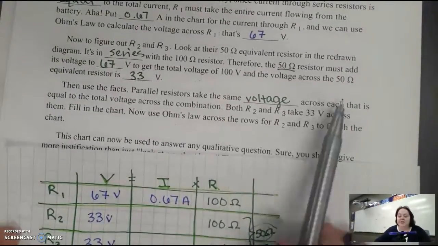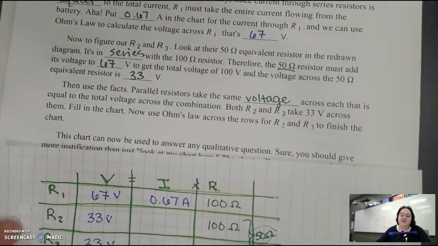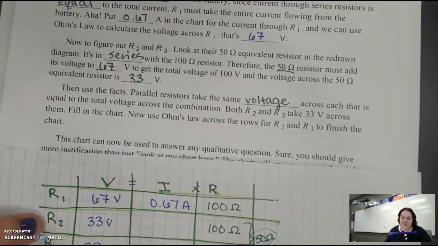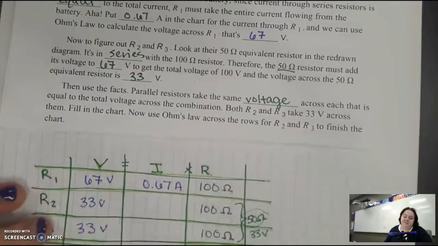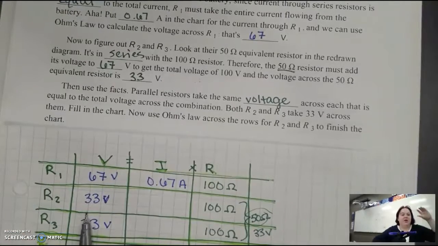Now we can use V equals IR to find out what I is. Notice that we didn't divide it up. The equivalent resistance took 33, so each one took 33.